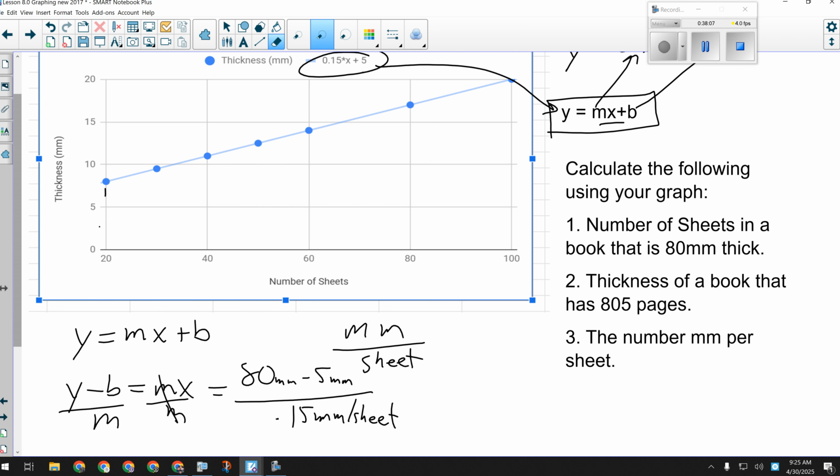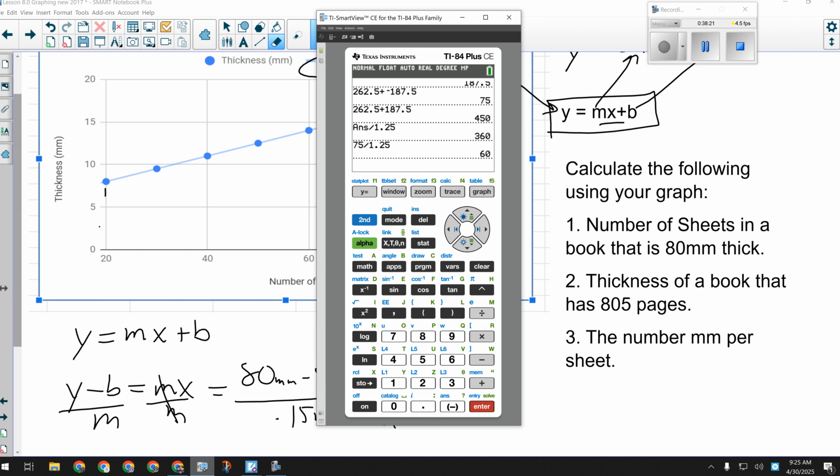If I do that division, the millimeters cancel, and I'll be left with sheets, which is exactly what I should get. That's what they wanted me to find. So if I go 80 minus 5, and then divide that by 0.15, that book's got 500 pages.